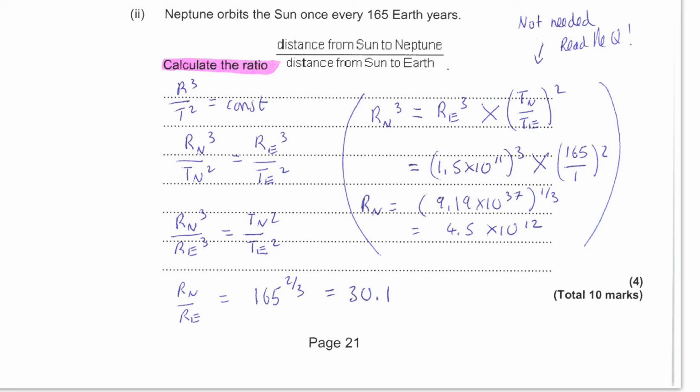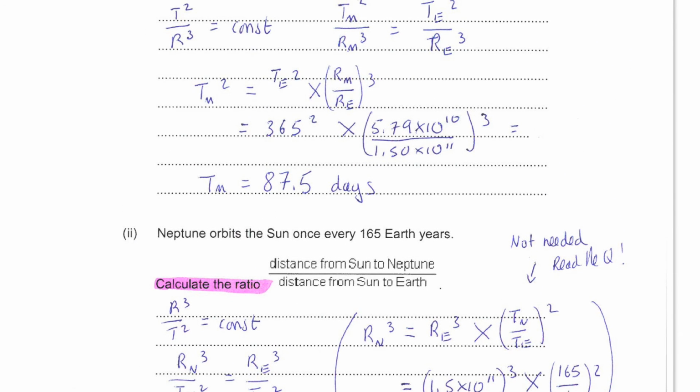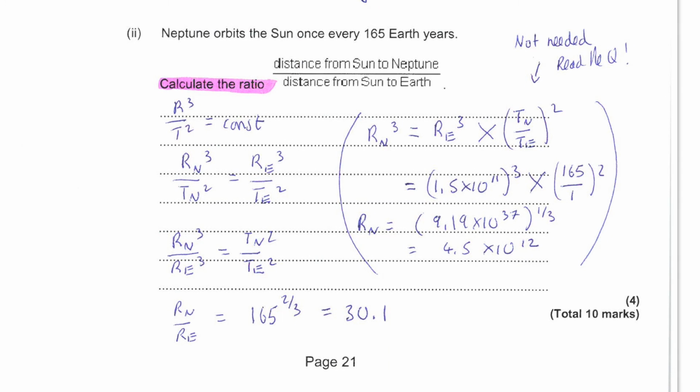So again, I'm starting with my expression from Kepler's law. You may notice I've written it upside down to the last time that I used it up here. Here I had T squared divided by r cubed is a constant. Now I'm saying r cubed divided by T squared is a constant.